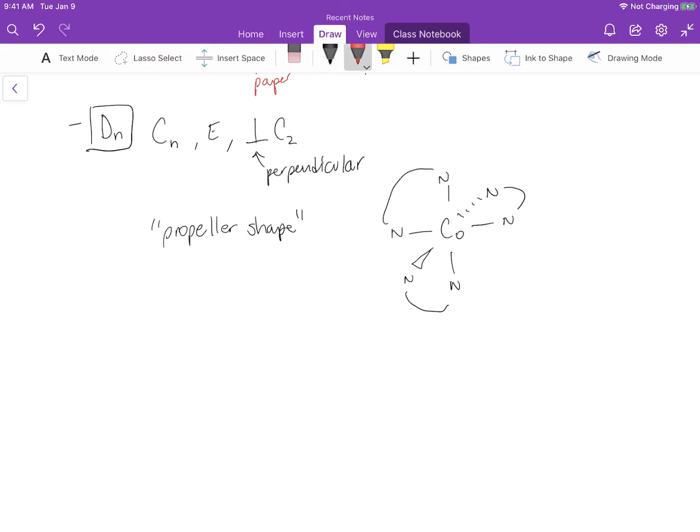And so here, if you look at this, this just implies a ligand. So it's some connection that's less critical. So in this example, this would be D3.